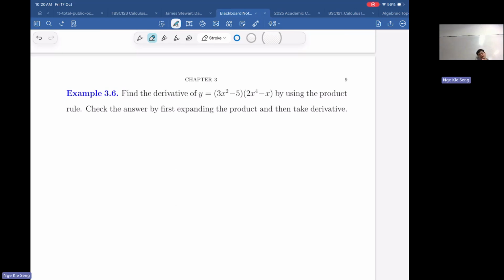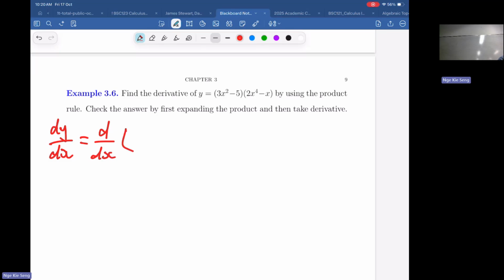Which one do we do first? Let's do expansion first, and then I'll let you try the product rule and see if you can succeed with it. If you expand it, you should get 4 terms. The first term is 6x to the 6.